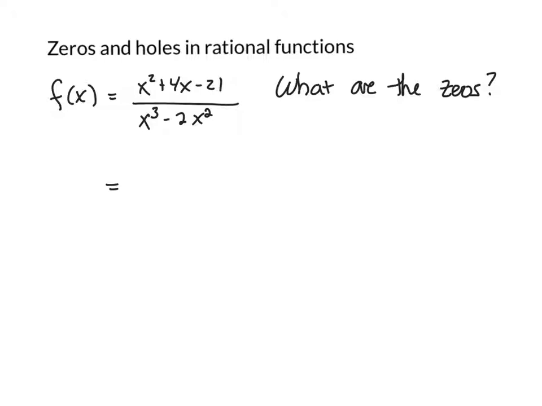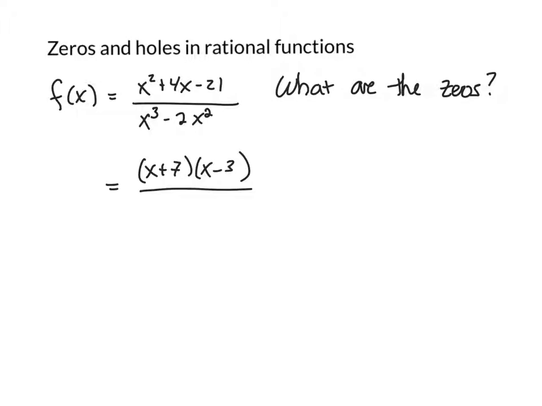If we pause and think for a second, things that multiply to be 21, 7 and 3 come to mind, and they differ by 4. So if I want it to be positive 4, I would get positive 7 and negative 3. Those multiply to be negative 21, and they add to be positive 4. So my numerator is going to factor like this: x plus 7, x minus 3. Okay, so we can check that if you'd like.